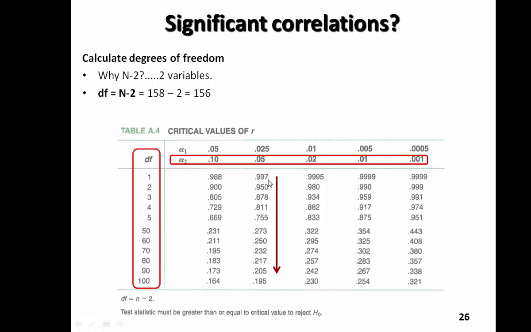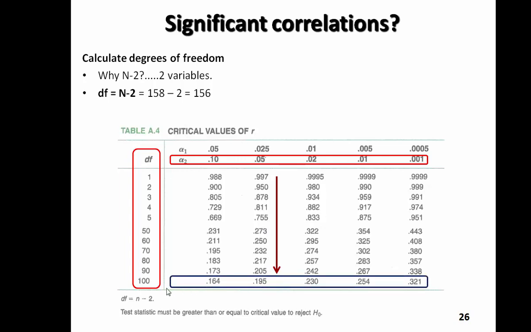And as we go down the table here, we see degrees of freedom of 1, 2, 3, 4, 5. These degrees of freedom would indicate that our study has a very small sample size. But because we have a fairly large sample size of 158 countries, and we determined the degrees of freedom to be 156, we move down the table and we see the general pattern that the critical value to achieve statistical significance gets smaller and smaller and smaller.